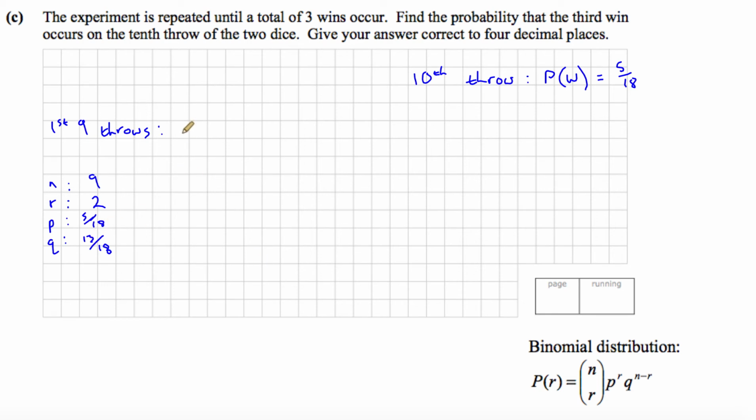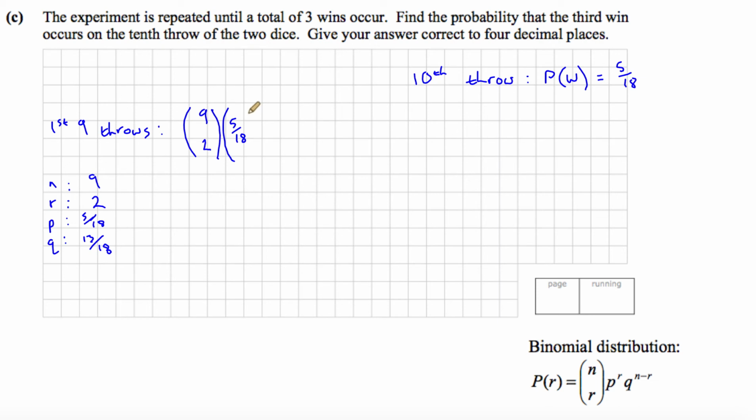binomial distribution. So that's going to give us nCr, which is 9C2, multiplied by p, which is 5/18. These are all multiplied. nCr times p to the power of r times q to the power of n minus r.